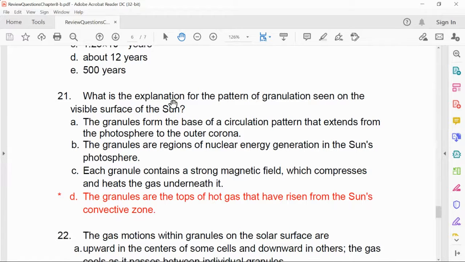21, what is the explanation for the pattern of granulation seen on the visible surface of the sun? The granules are tops of hot gas that have risen from the sun's convective zone.